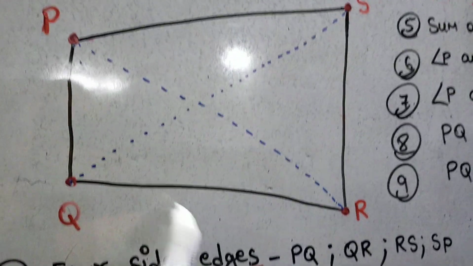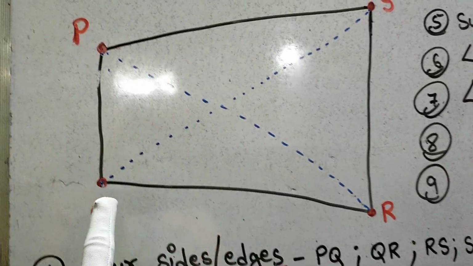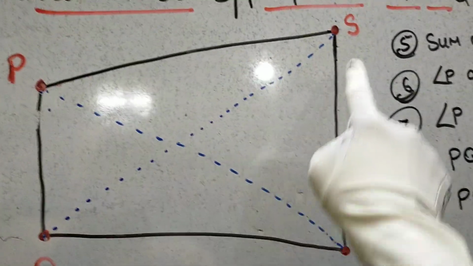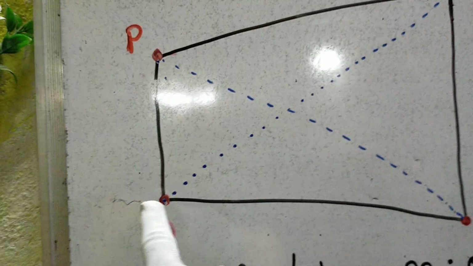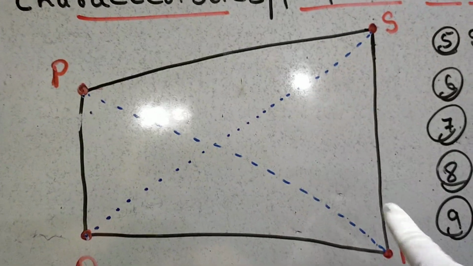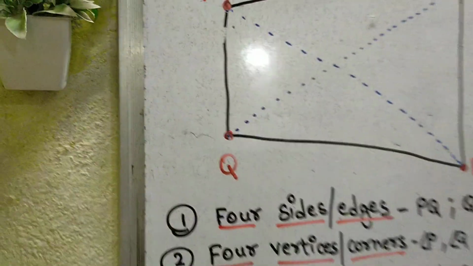Then what are the characteristics? Bhagya, tell me one by one. It has 4 sides or 4 edges. Haricharan. It has 4 sides. Then it has 4 corners. Then it has 4 interior angles, and the sum of all the interior angles is equal to 360 degrees.